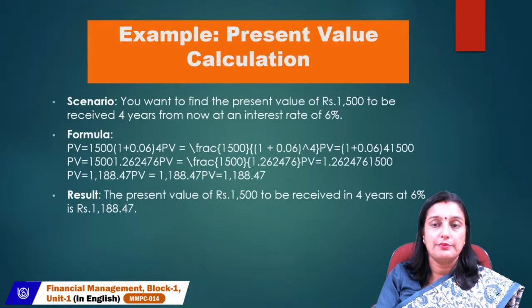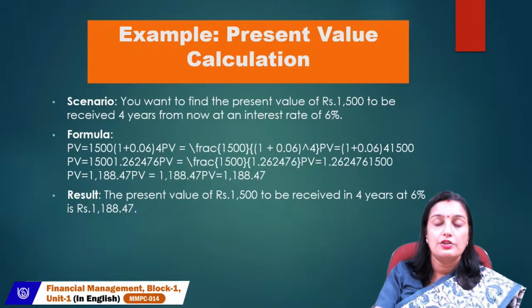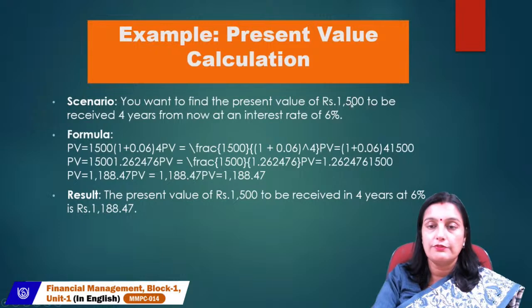Now here I have put some examples for discussion of present value and future value. You want to find the present value of 1500 to be received 4 years from now at an interest rate of 6%.